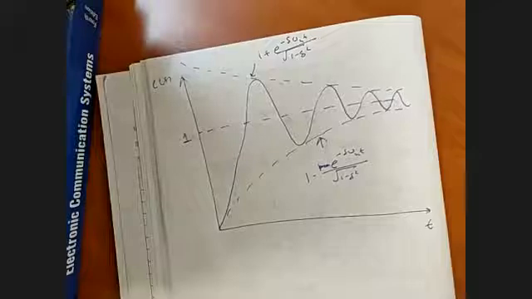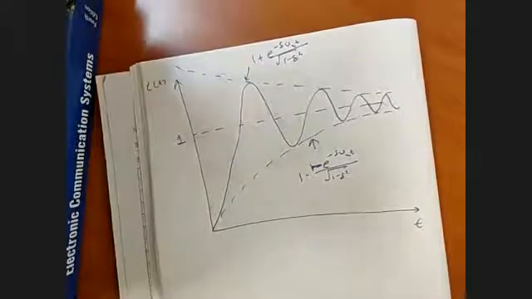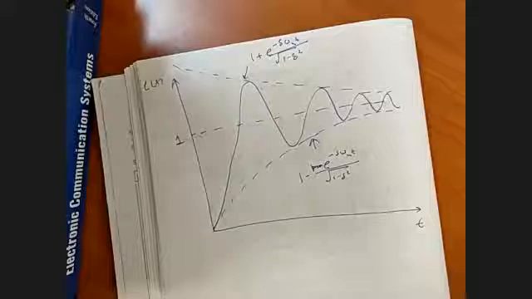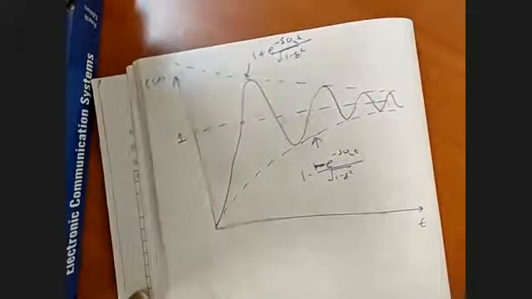So the unit step response of a second order system has damped oscillation, that means decreasing amplitude, when delta lies between 0 and 1.